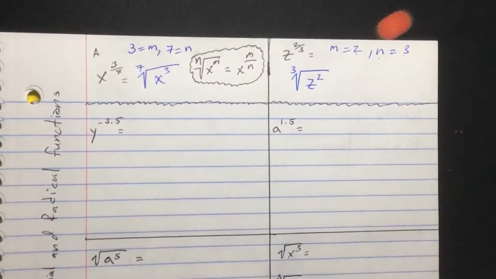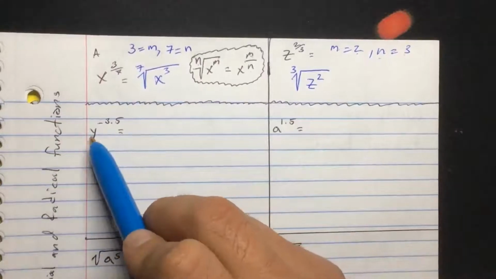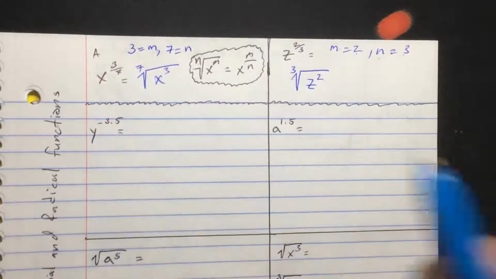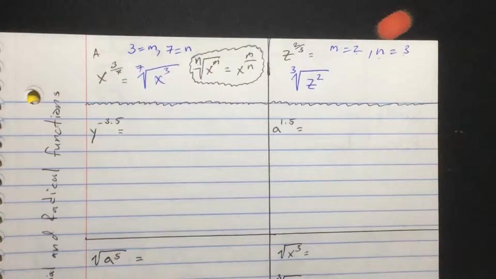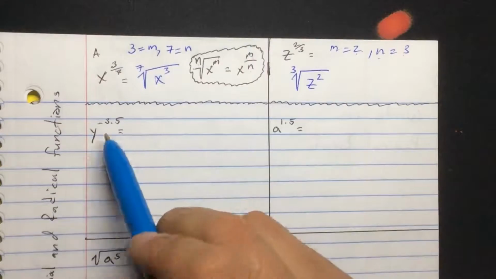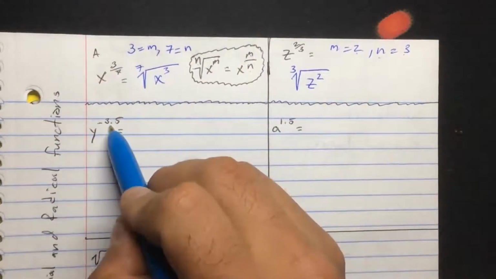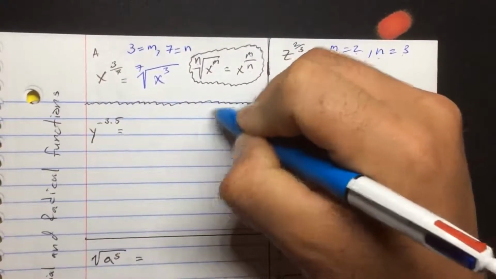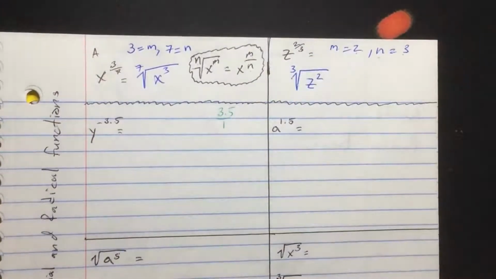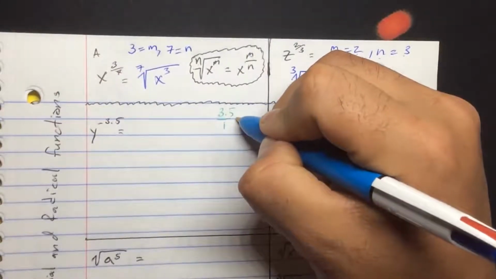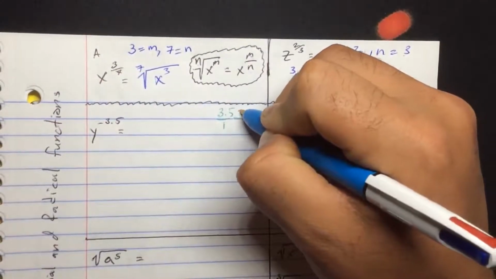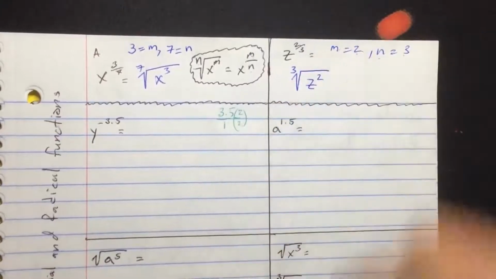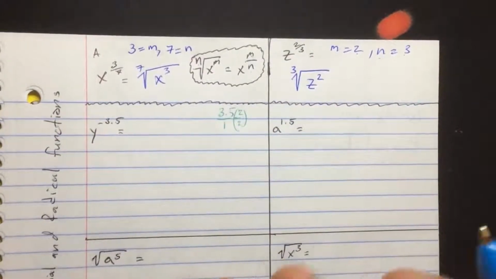All right, this next one is going to be a little bit different. For this one, I'm going to do in green. We have y to the negative 3.5. Whenever we're doing expressions or exponential values of a 0.5 nature, we're going to change 3.5, we'll forget the negative for now, over 1, and multiply the top and the bottom by 2 to get rid of the 0.5, and that's all we're really doing.